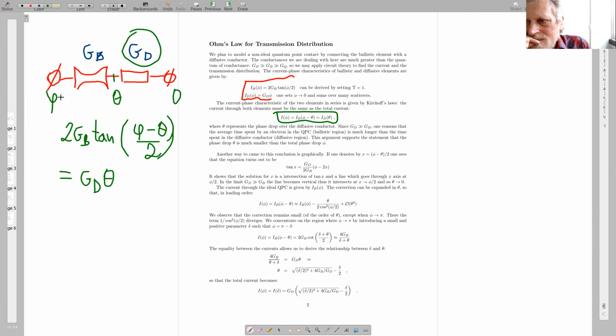If a resistor is small, the voltage drop at this resistor is small. If a resistor is big, all the voltage drop is supposed to be at this resistor.